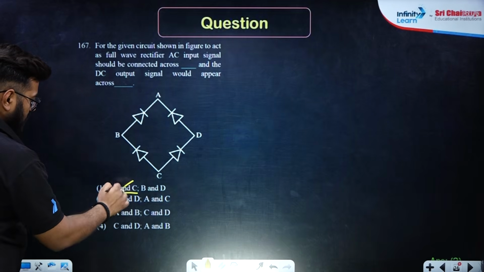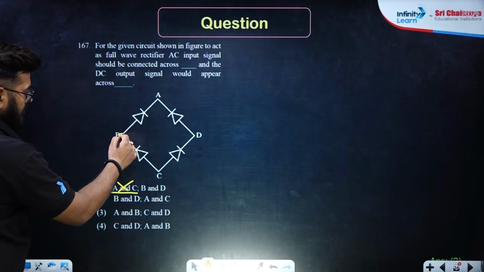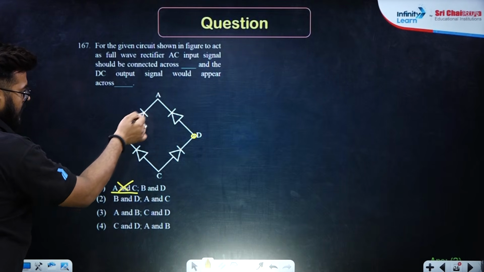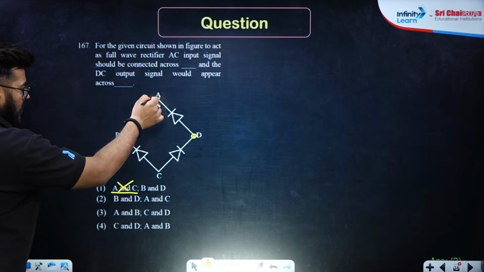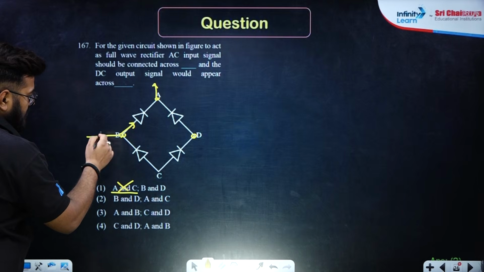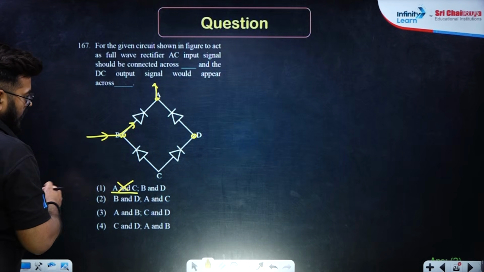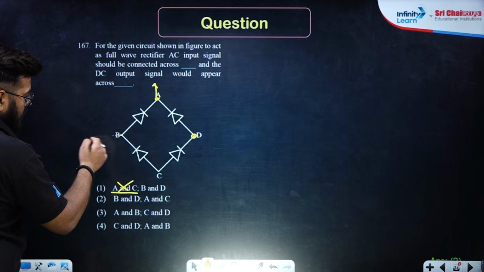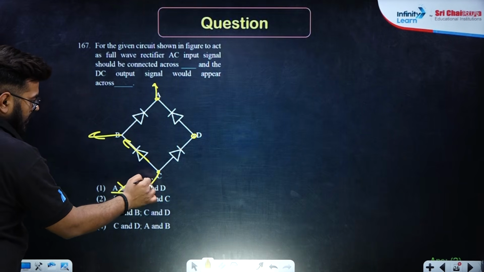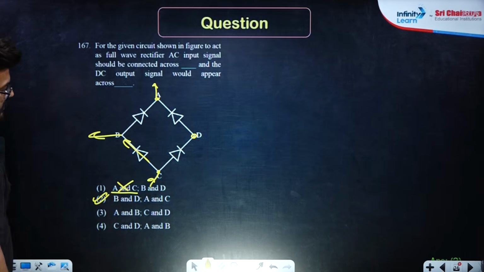No, not at all. Rejected. B and D: if I go from here, this wave can get rectified, and from A you can take the output. And let's say this is the case when current is going like this. What if the current reverses and goes in this manner? Then the current can come from here, and C will be the output. Yes, option number 2 is the right answer.